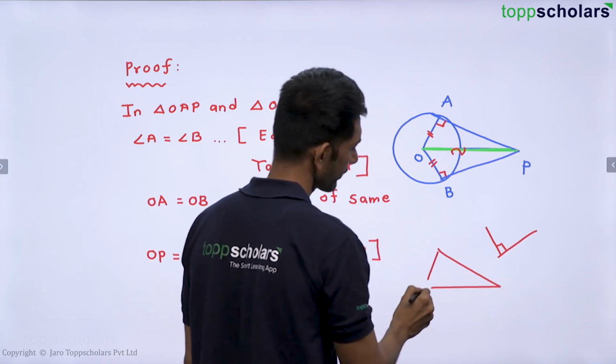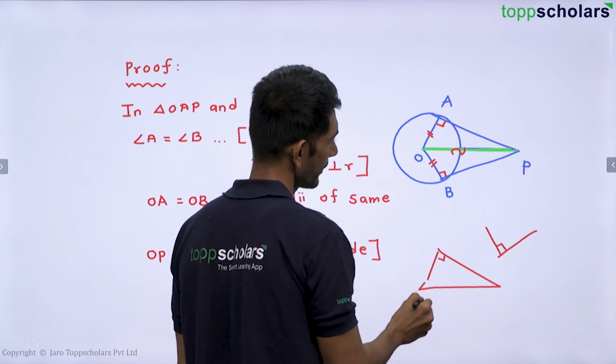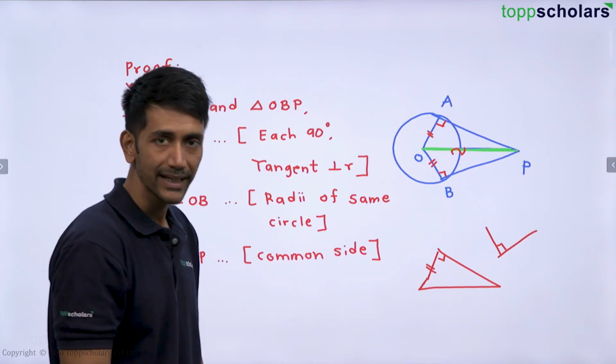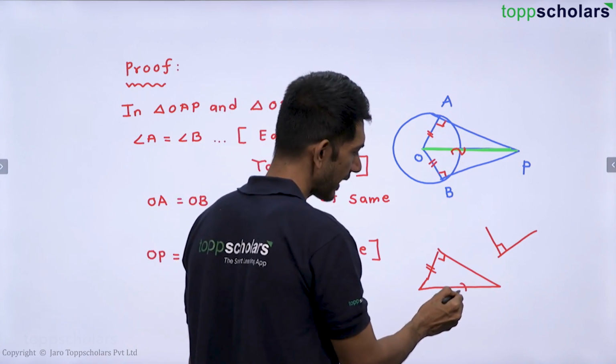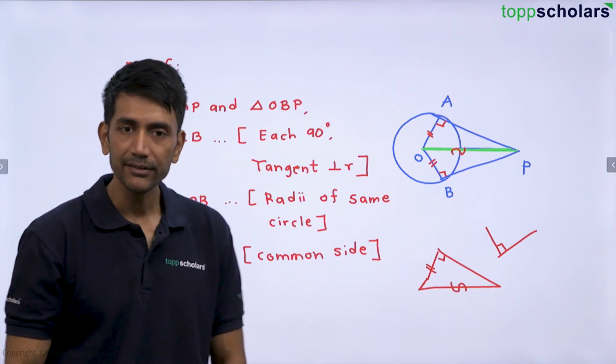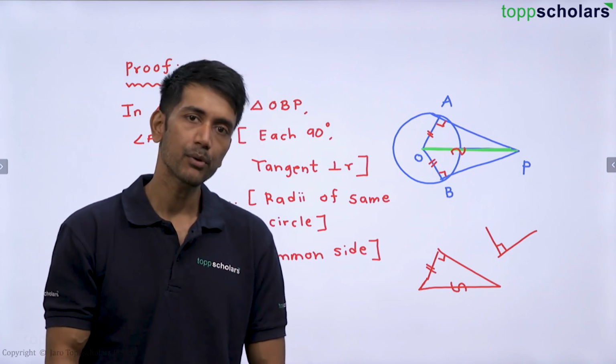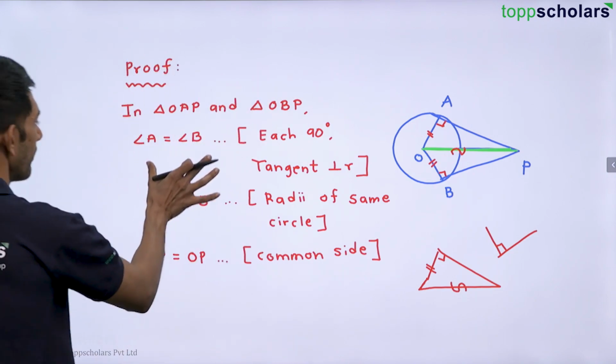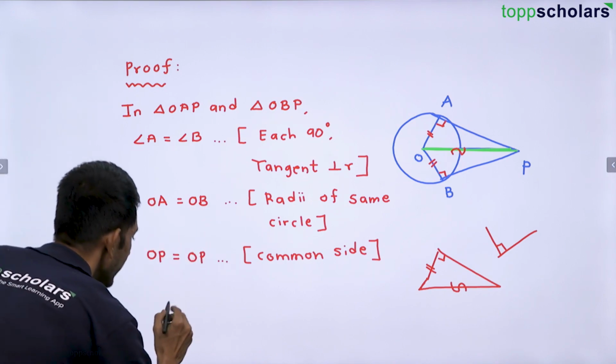Now understand, if you see this very carefully, see the markings. We have 90 degree, we have one side, and we have hypotenuse. So can I say the two triangles are congruent by hypotenuse side theorem? So the two triangles are congruent by hypotenuse side theorem, right?